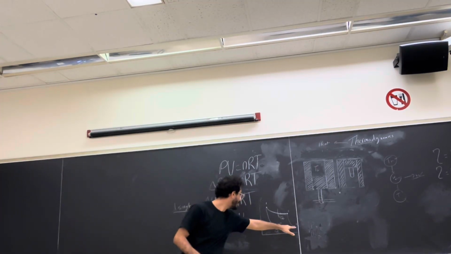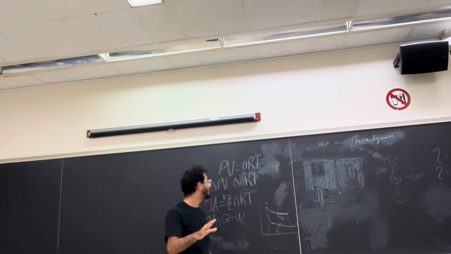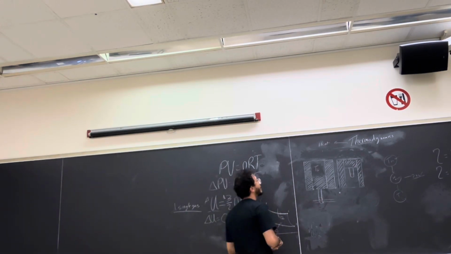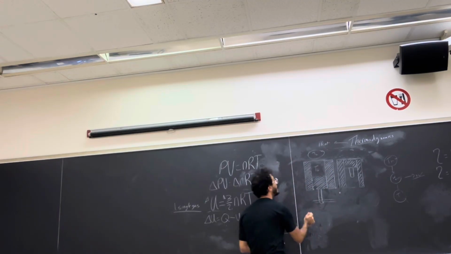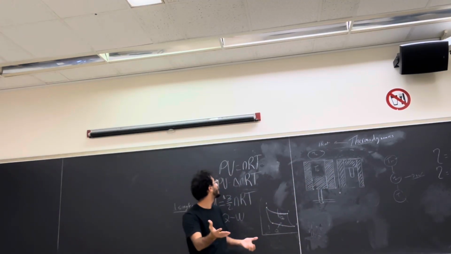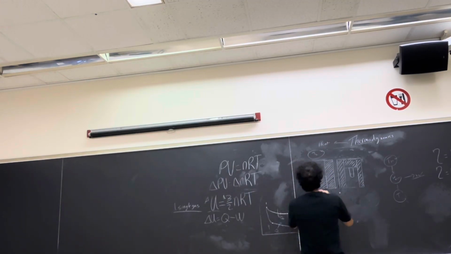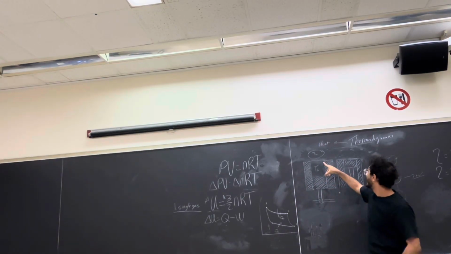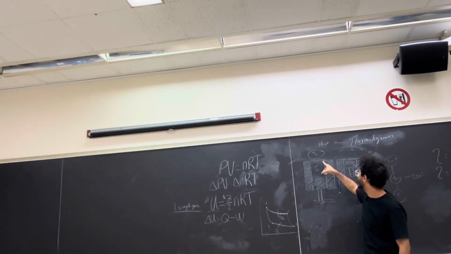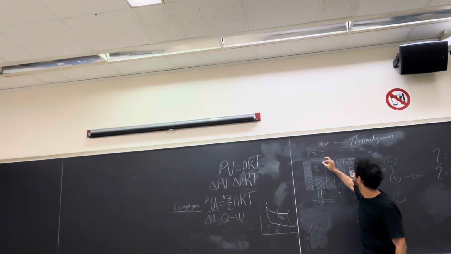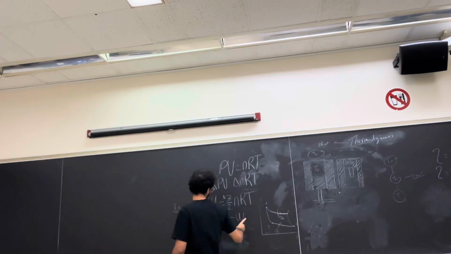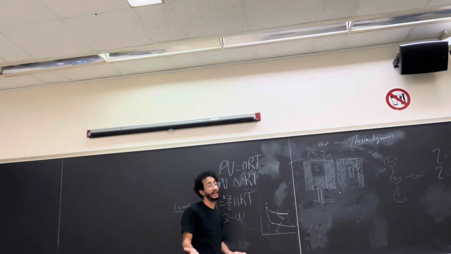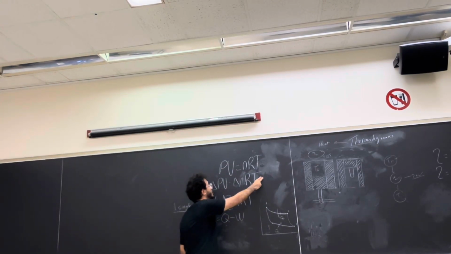Now, going this way, how do we do it? We put a reservoir of TL also, and we push it with the reservoir over there. Any heat loss is going to be sent here. So now we have heat. We will probably have work again because the temperature is constant.